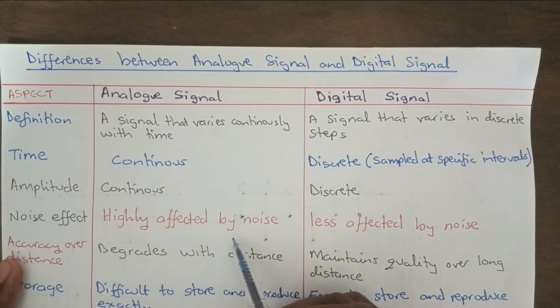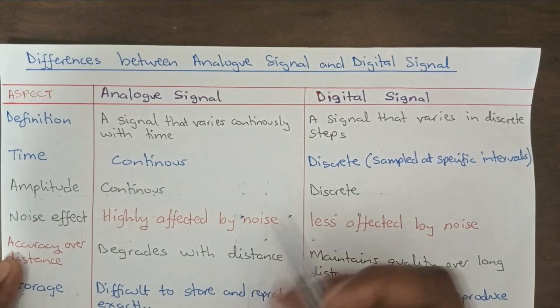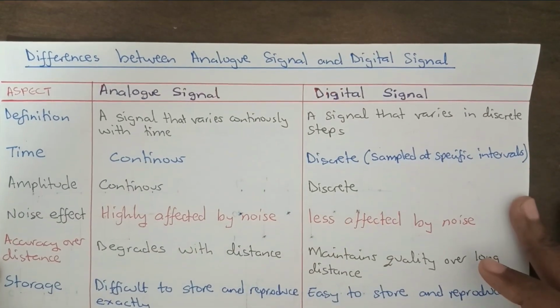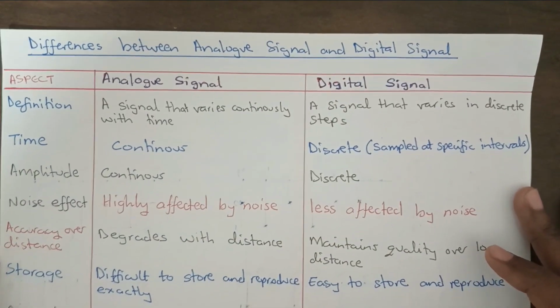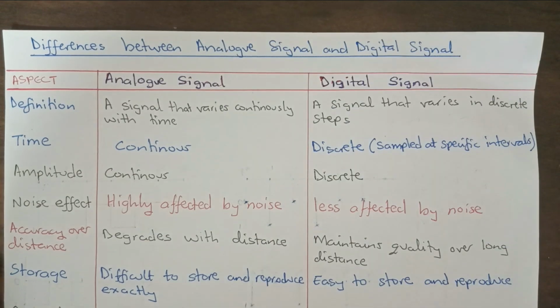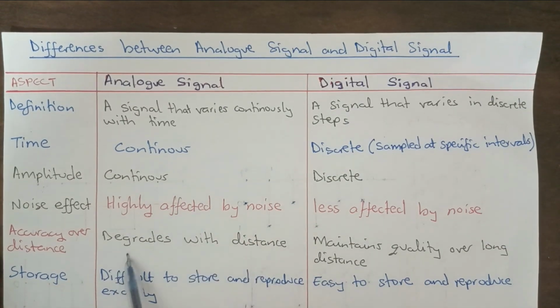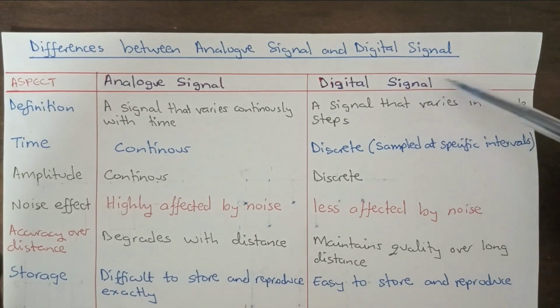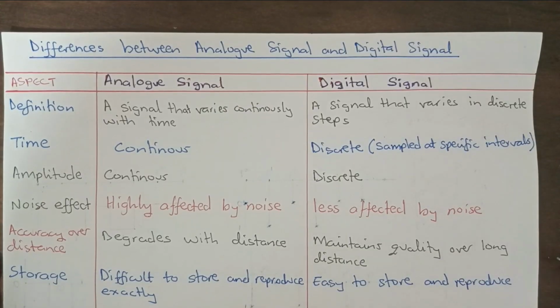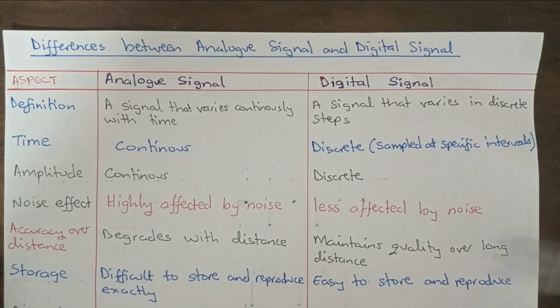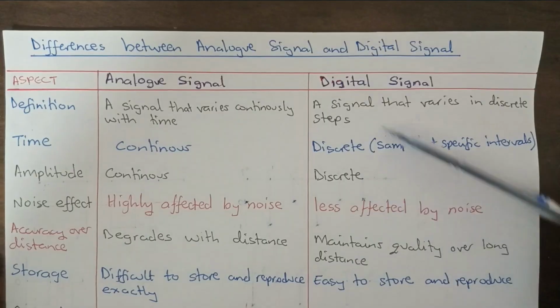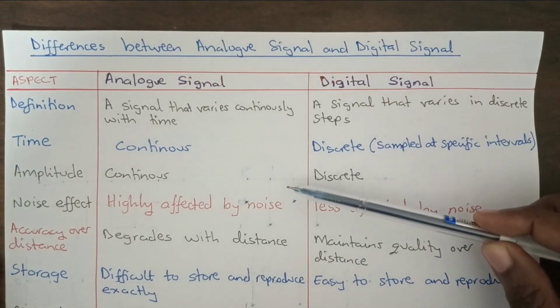Okay? Again, we've got accuracy over distance between analog signal and digital signal, where an analog signal degrades over distance, but a digital signal maintains quality over time. You can pause this video and have a look at this diagram between analog signal and digital signal.